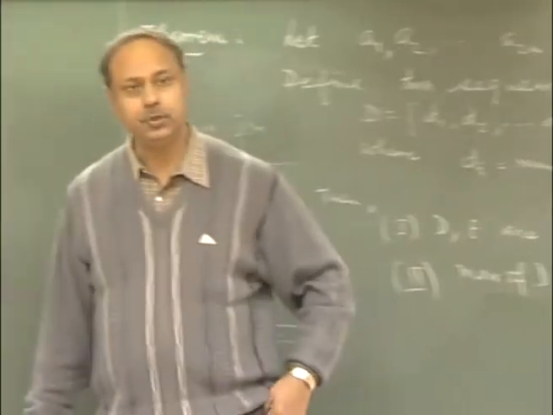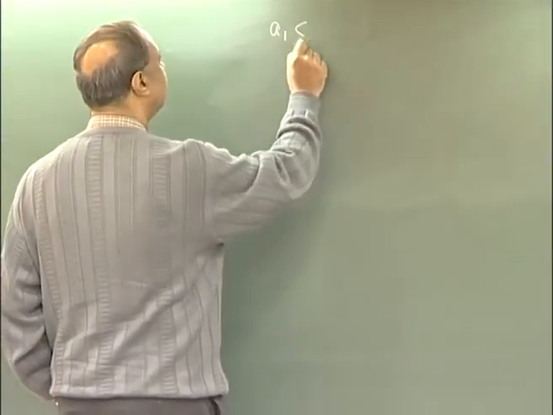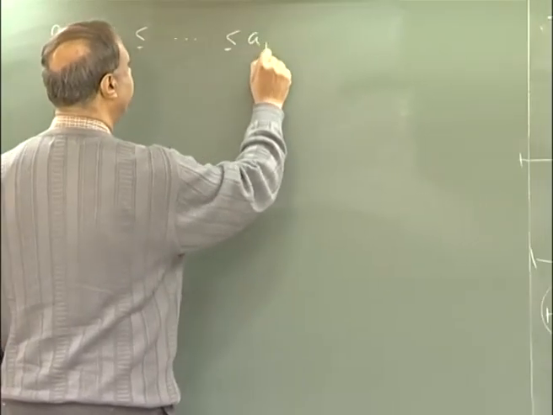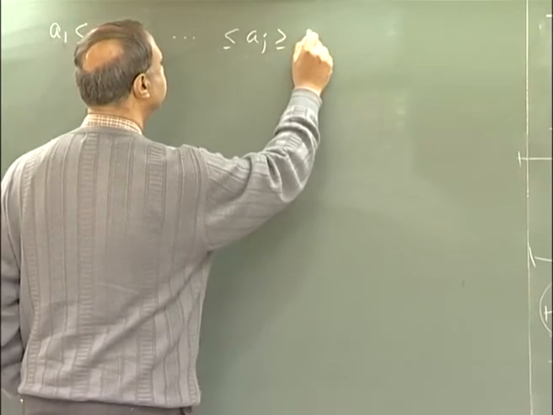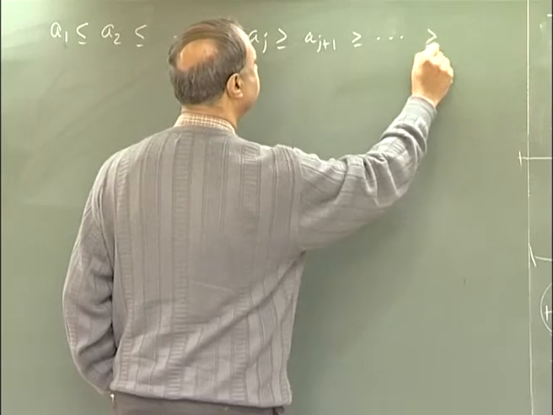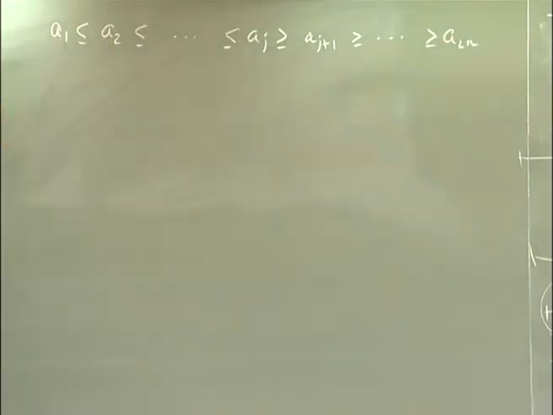So for simplicity, we assume the sequence satisfies this type of characteristic. This assumption we are making first.